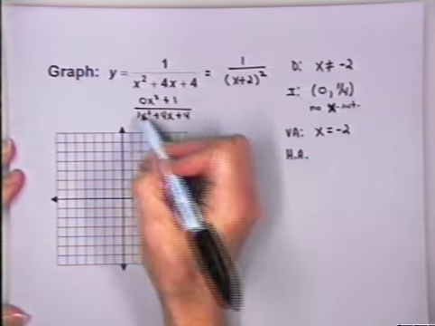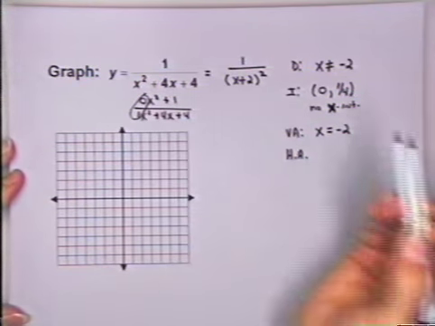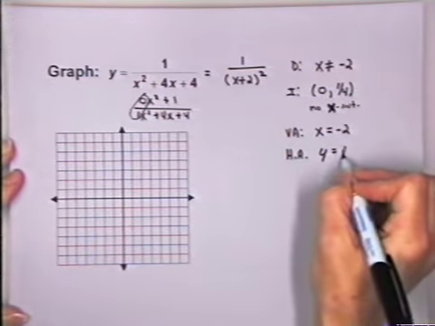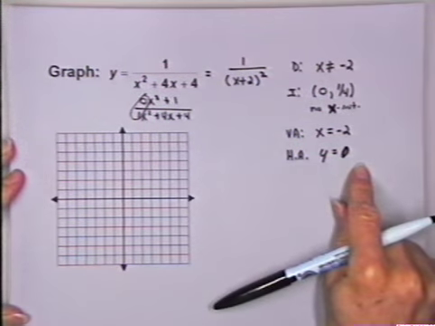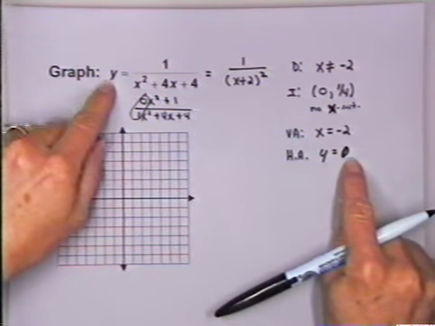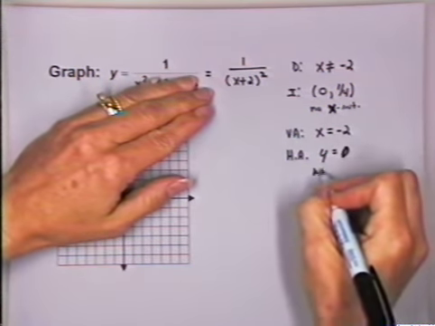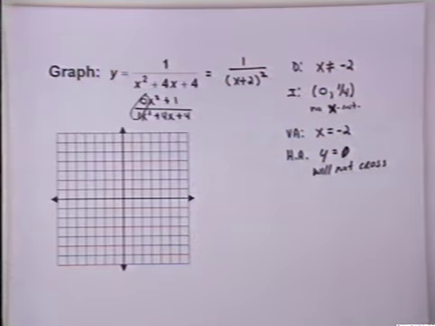My coefficient of x squared down here is 1, so I just need that ratio 0 over 1. My horizontal asymptote is y equals 0, 0 over 1. Do I cross my horizontal asymptote? Can I let y be 0 in my equation? We've already talked about that. No, I can't. So this time I will not cross this horizontal asymptote at all.